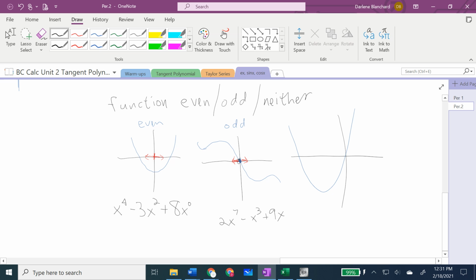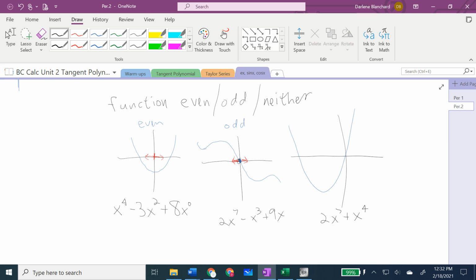As long as it has only odd exponents, it is an odd function. If it's got a mixture, I've got an odd, I've got an even. It is neither. For a polynomial to be an even function, it must have only even exponents. An odd has only odd exponents.